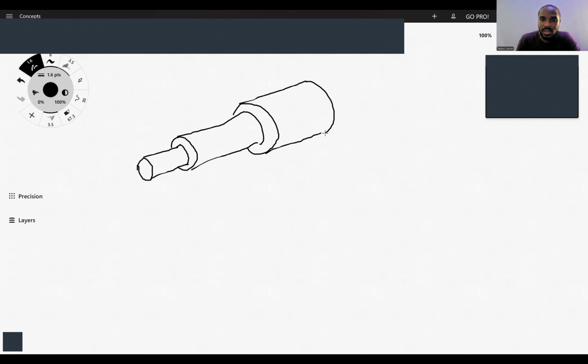And let's assume that that one now steps back down. We call this what? Stepped. This is a stepped shaft. If we're looking at the cross section, it will probably look something like this.